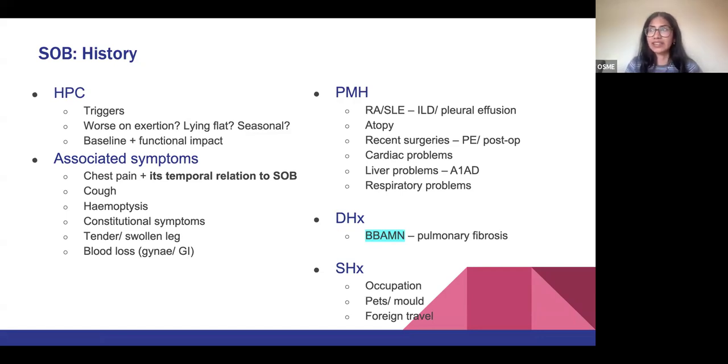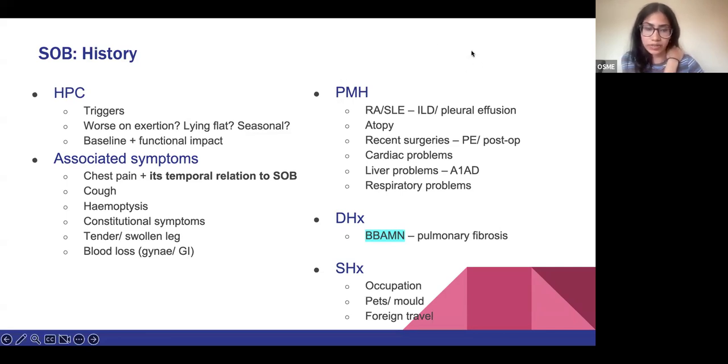And thirdly, if you do get both together, which one came first? Did you get chest pain first and then shortness of breath, or did you have shortness of breath for a few weeks and then your chest started to hurt? Because obviously, if you're breathing in and out deeply, then you can just develop respiratory fatigue or intercostal muscle irritation. The other ones are obviously constitutional symptoms to rule out cancers, and hemoptysis and cough as well.